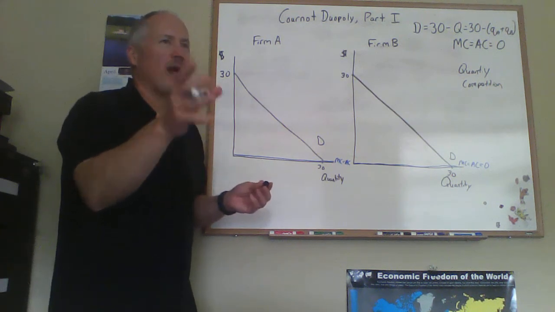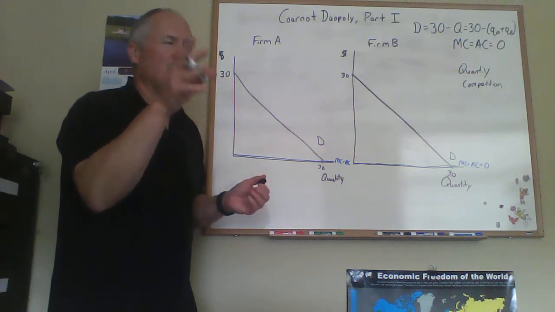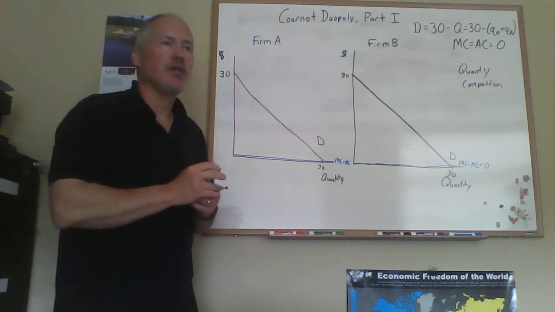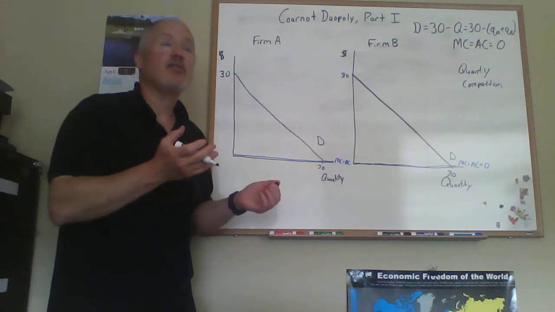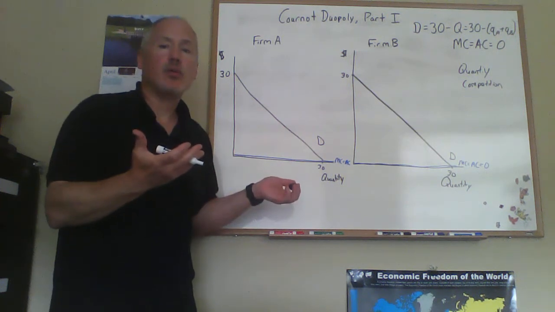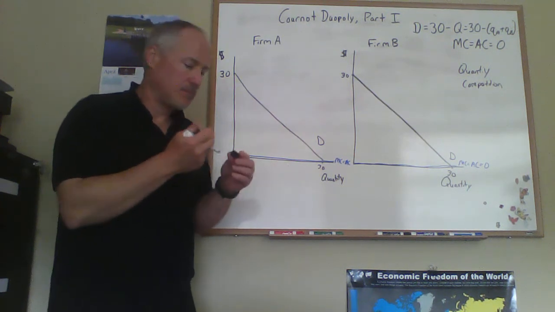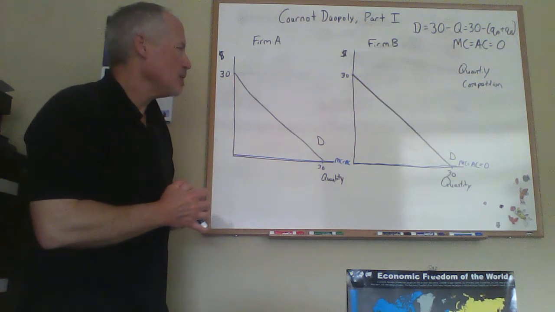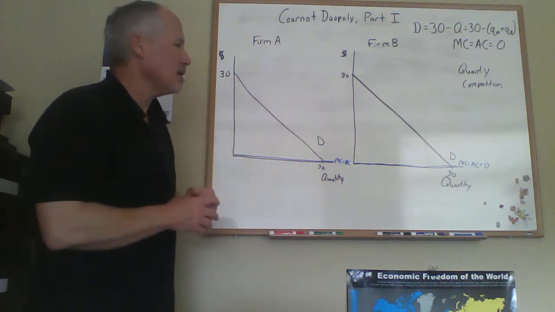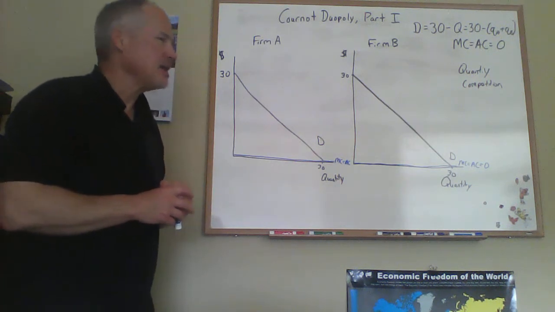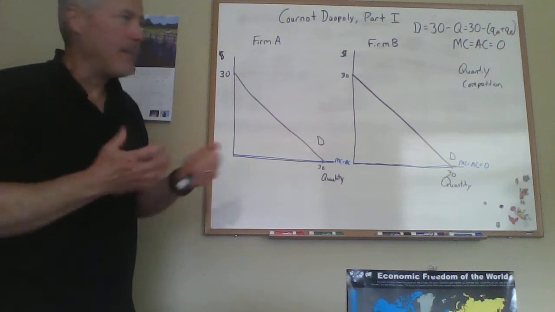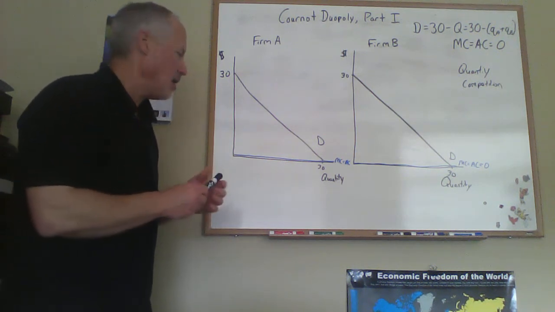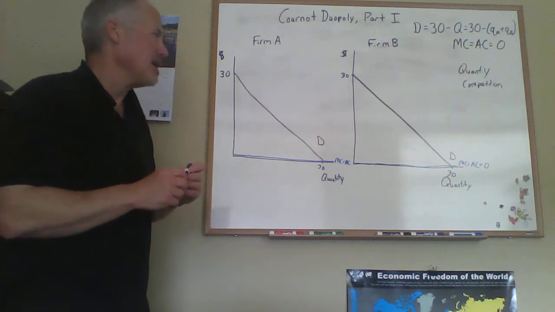Firm A is going to say, okay, let's guess or let's suppose that firm B is going to provide a certain number of units to the market. Given that, what quantity would we want to supply to the market? To see how we would do this, we need to make some guess about what firm B would do, and I'll use the same guess as I had in my notes.